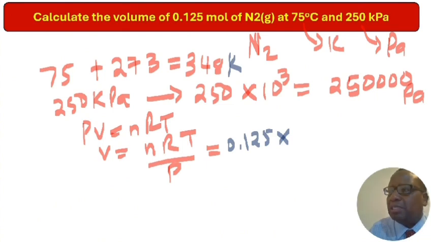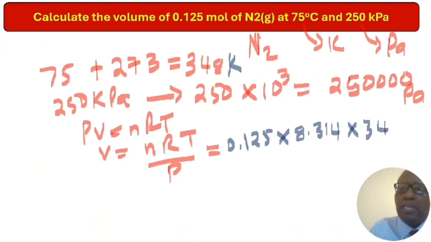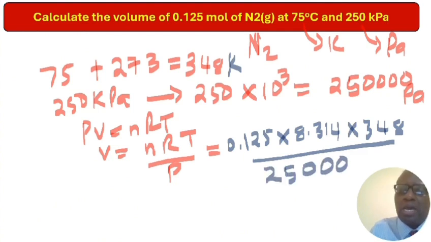The gas constant is 8.314, times what? 8.314 times temperature, which is now 348, divided by 250,000.